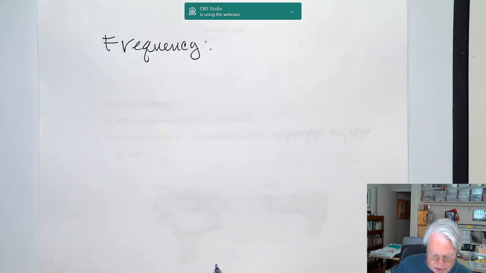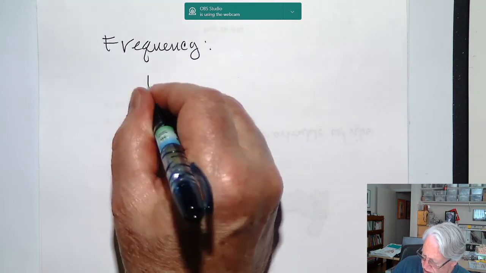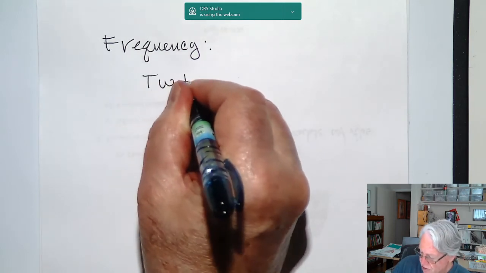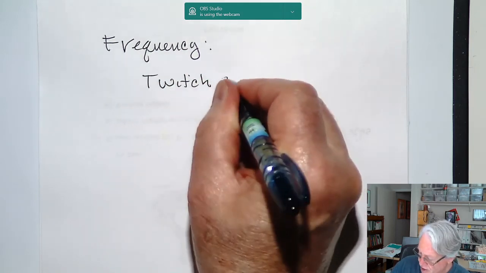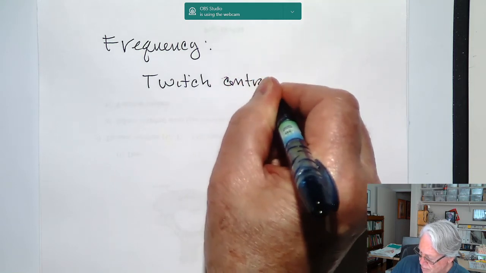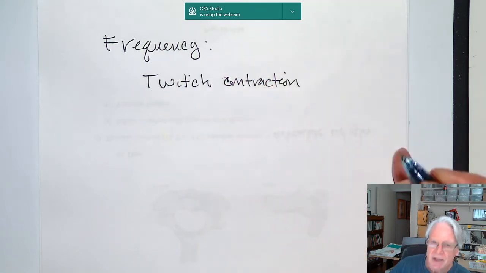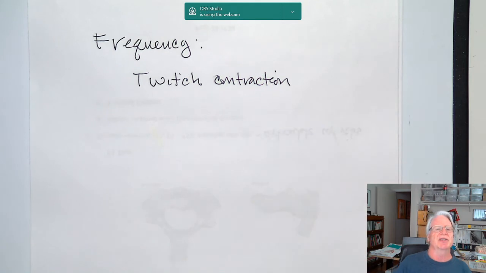So frequency, the first thing we want to talk about is something that's called a twitch contraction. Now, that twitch contraction is not something that you do when you lift a heavy box or even if you pick up a pen. But it's something that we need to understand in order to understand the larger picture of how frequency affects the force that's being applied in the muscle.